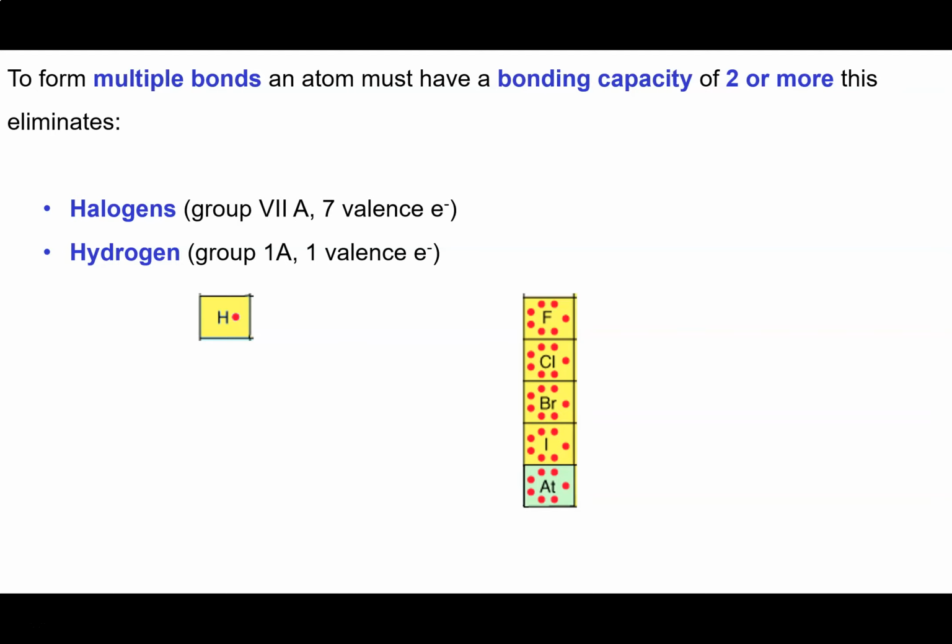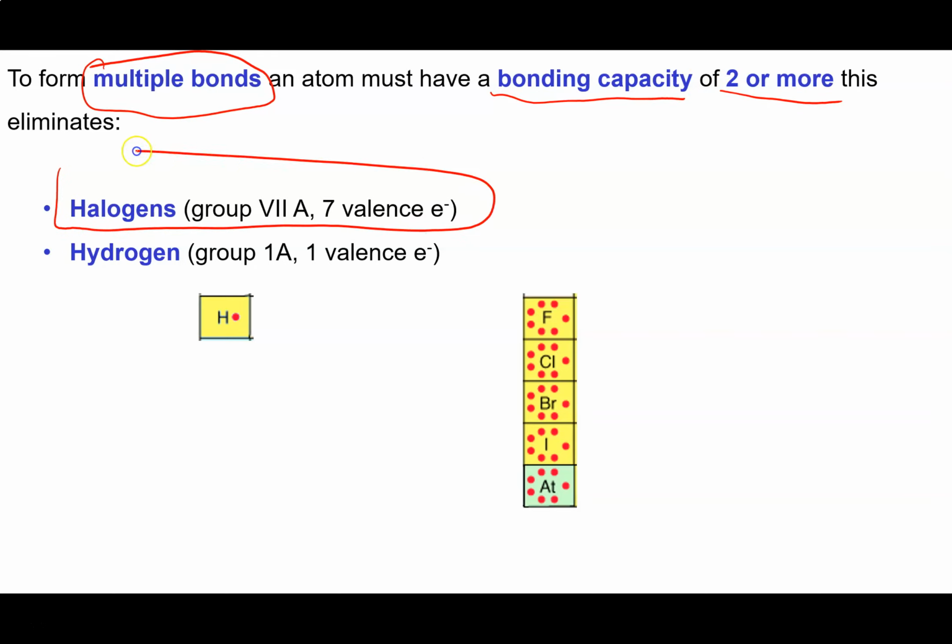Now you have to recognize that if you're going to form a double or a triple bond, what's often referred to as a multiple bond, then your atom has to have a bonding capacity of 2 or more. So that precludes the possibility of some types of atoms participating in this type of bonding. For example, hydrogen only has 1 unpaired electron in its Lewis symbol, so hydrogen can only form single bonds. Hydrogen is always going to be on the edge of a molecule, and it's never going to be involved in double bonds or triple bonds.